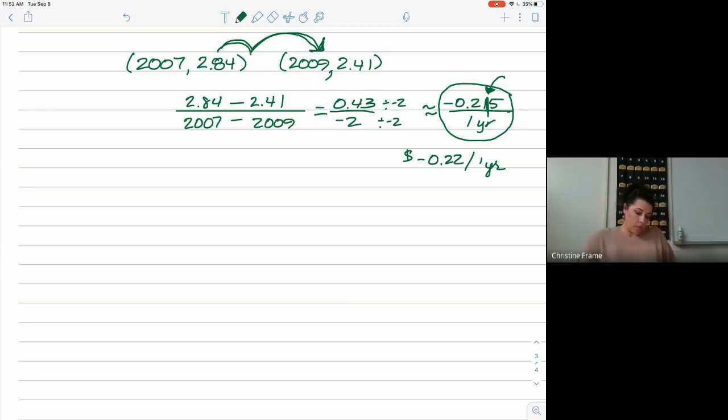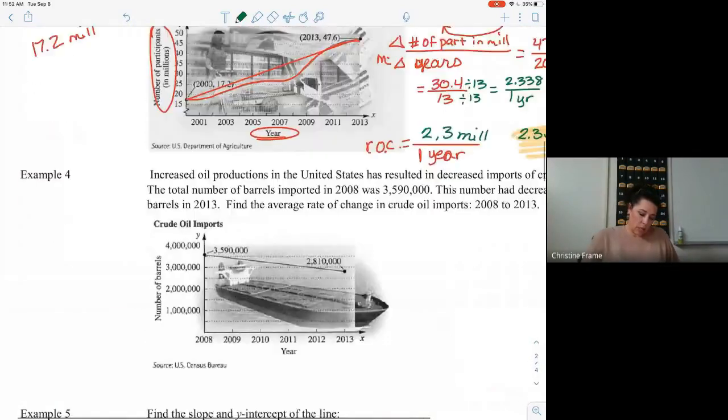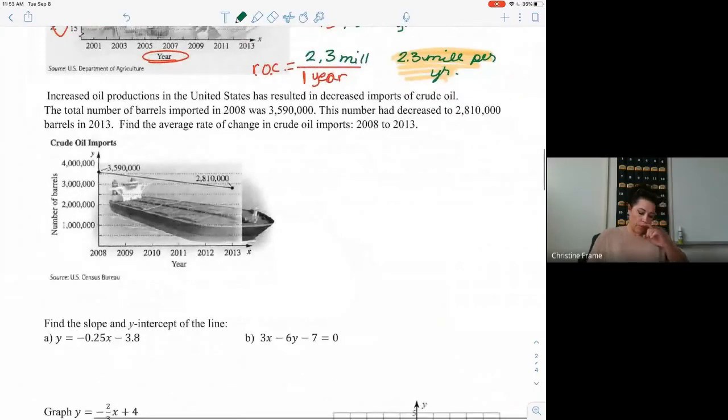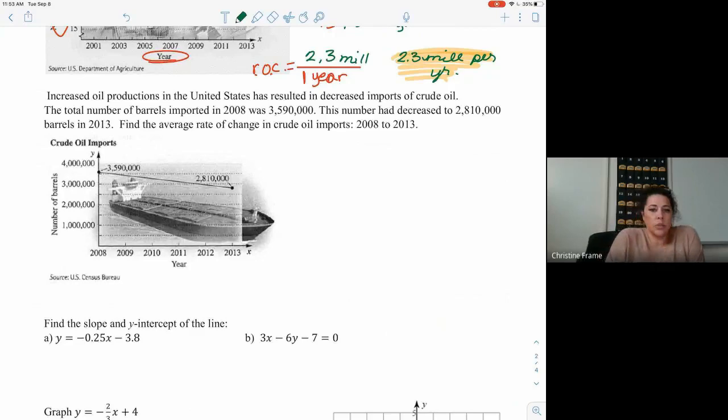Okay. All right, last word problem here. This one will go pretty quickly. It says increased oil production in the United States has resulted in decreased imports. So we're producing more oil in the United States, therefore we don't have to import as much oil. Total number of barrels imported in 2008 was 3,590,000 barrels.